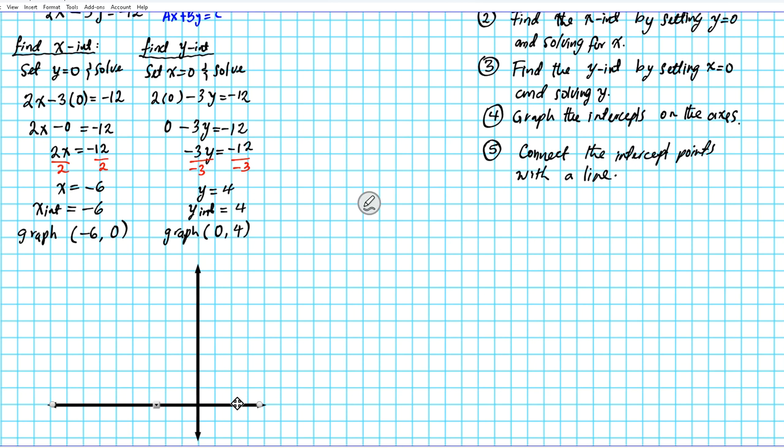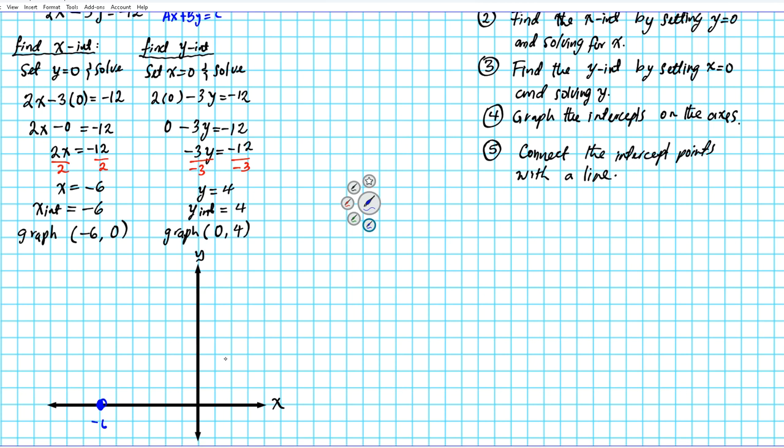Right there. All right. So we're going to grab the intercepts on the axis. Okay. So this is your y-axis, the vertical axis, and this is your x-axis, the horizontal one. So your x-intercept is negative 6, 0, which is right here. 1, 2, 3, 4, 5, 6. This is negative 6. Okay. So we'll grab this point. Negative 6, 0 is your x-intercept.